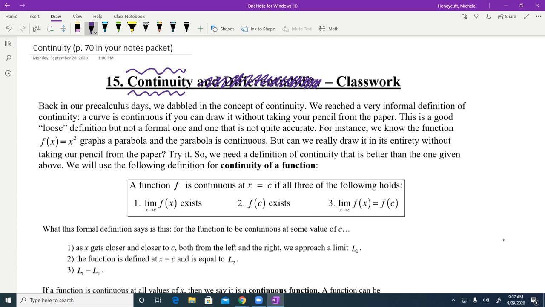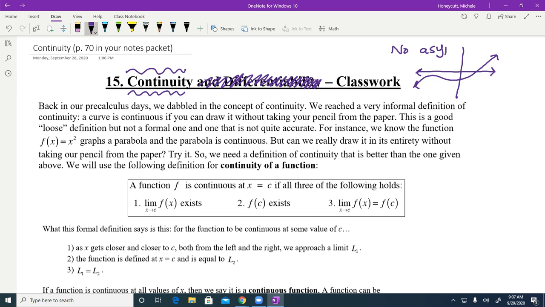Now, continuity, you probably have thought about this in maybe pre-cal before, or even a little bit in algebra 2, possibly. But the idea of a continuous function you may have defined informally as a nice smooth curve that doesn't have any holes, it doesn't have any gaps, no asymptotes, just a nice function that keeps going.